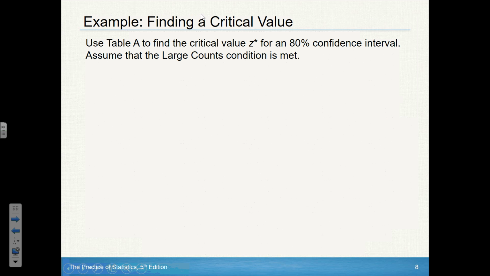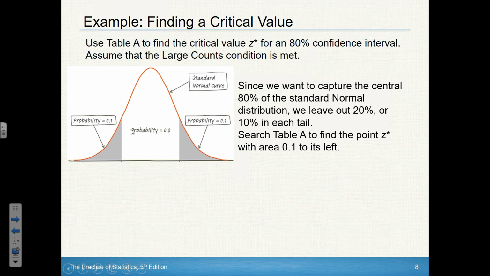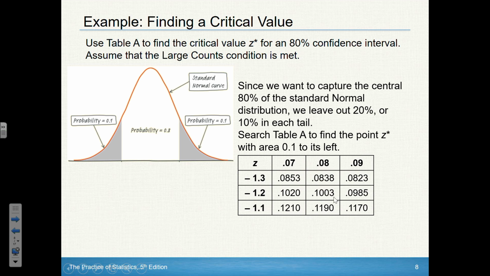Now, if we wanted to find a critical value, say, for an 80% confidence interval, well, that means that we have 80% in the middle of the normal distribution and 10% in the lower tail, 10% in the upper tail. So if we wanted to find that critical value using the z table, then we would be looking for where I have 0.1, and as I look, it's between these two values.